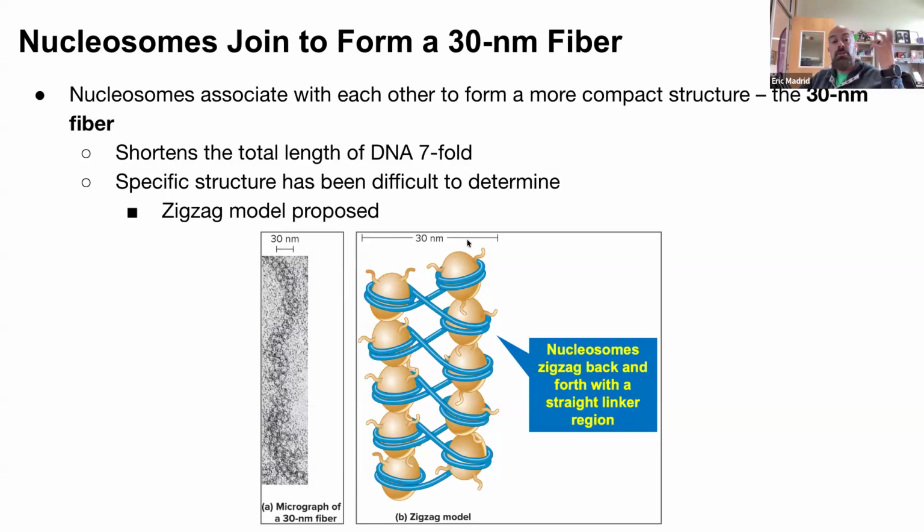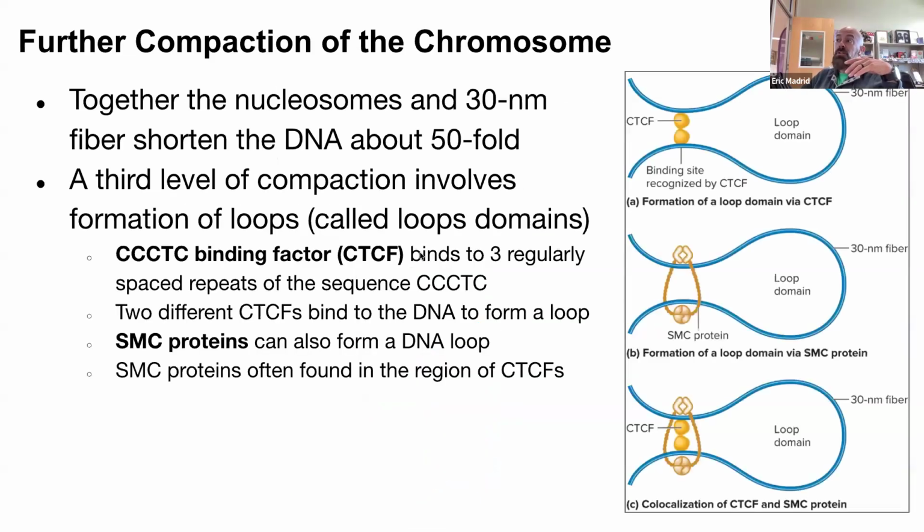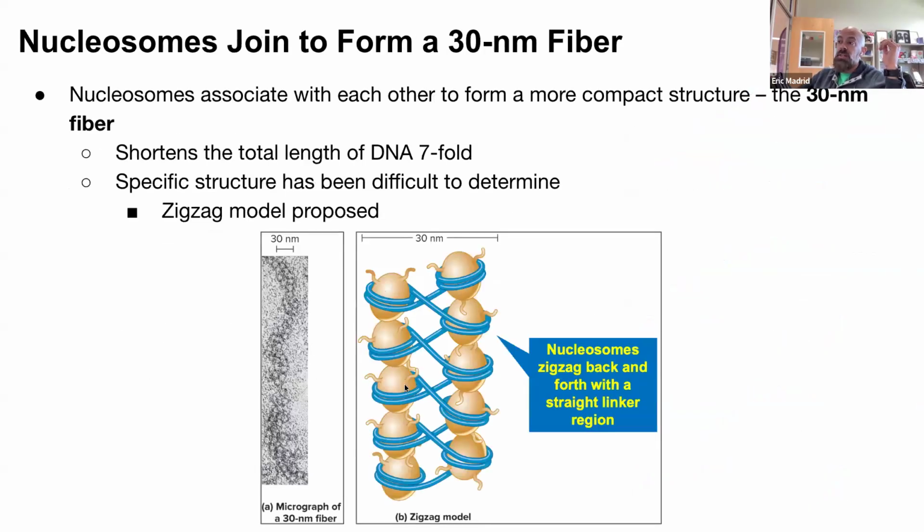So we've got the primary structure of DNA, those individual nucleotides. They're wrapped around histone proteins to make nucleosomes. The nucleosomes are then organized with each other to make these 30 nanometer fibers. So now this is not just DNA right here, right? This is DNA plus those histone proteins that made almost like a linear shape.